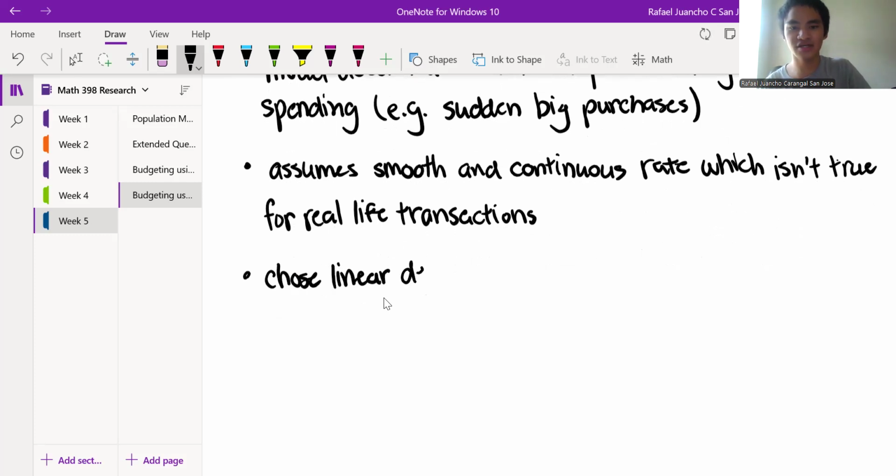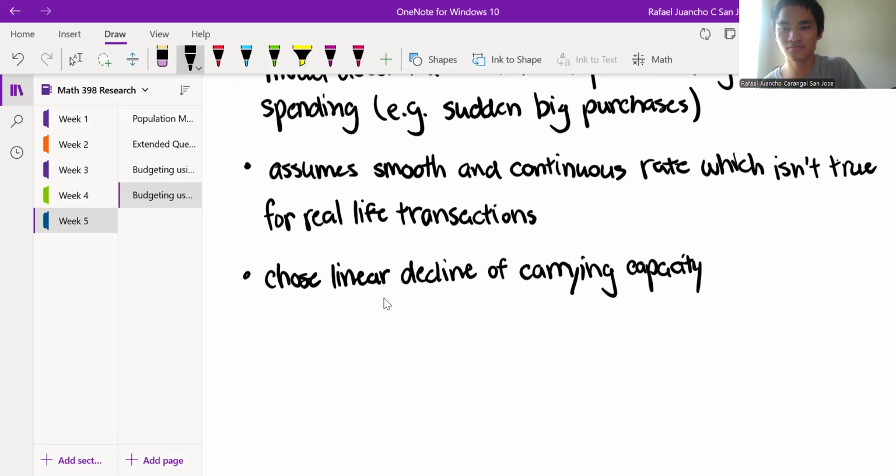And then also I chose a linear decline of carrying capacity because I think it's a reasonable guess or assumption. I could have chosen an exponential decline. It still works, but I think that's more of the model's job to do. So maybe just a linear decline would help.